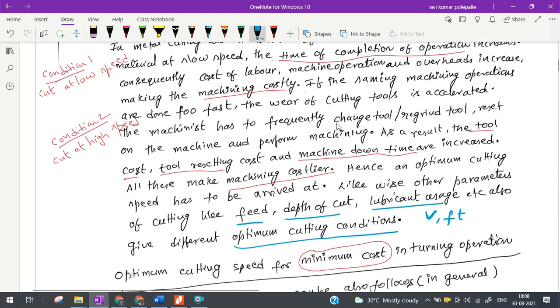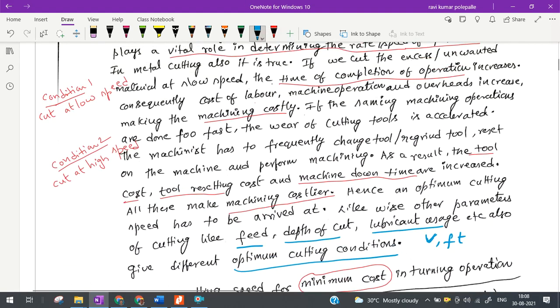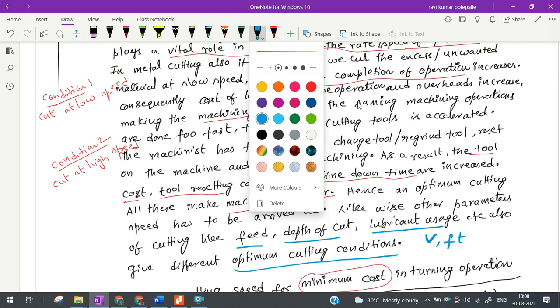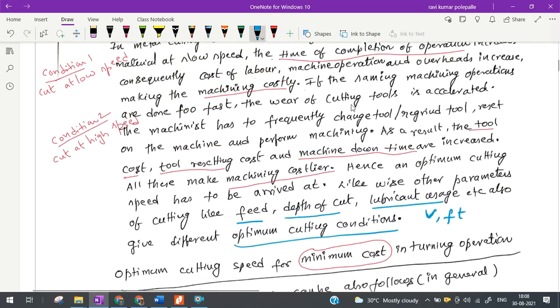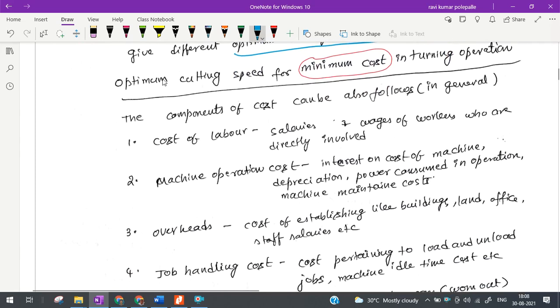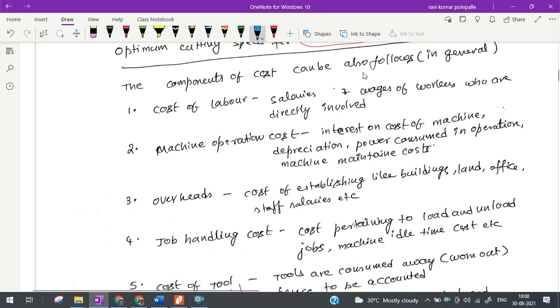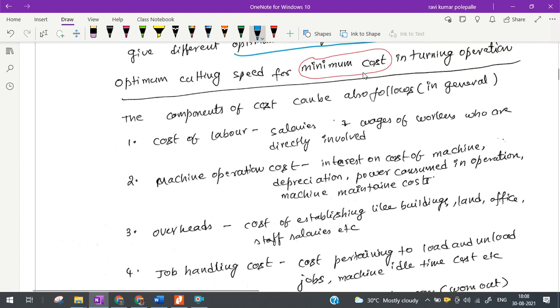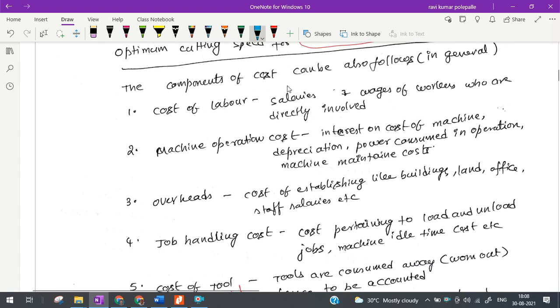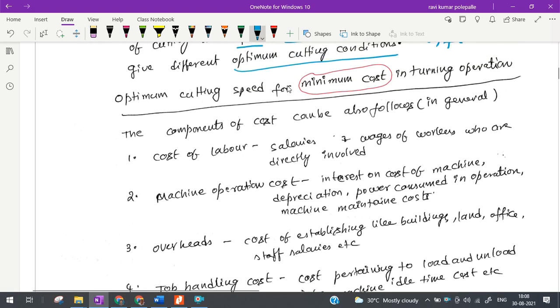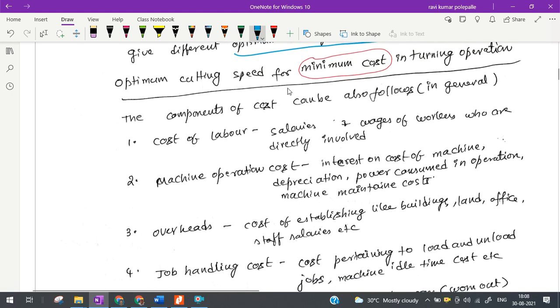When I say economical, I also mean optimum. So I am going to achieve the optimum cutting speed with different points in mind. I can either minimize the cutting cost, or I can maximize the production rate. We shall discuss these two optimum criteria in detail.